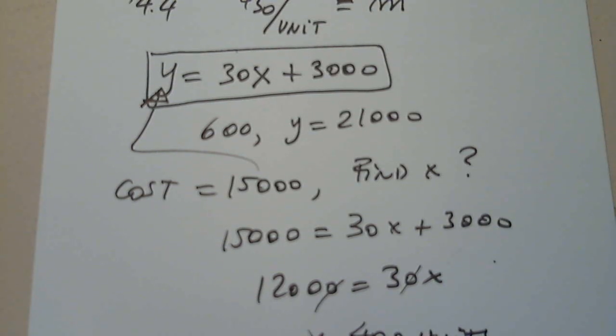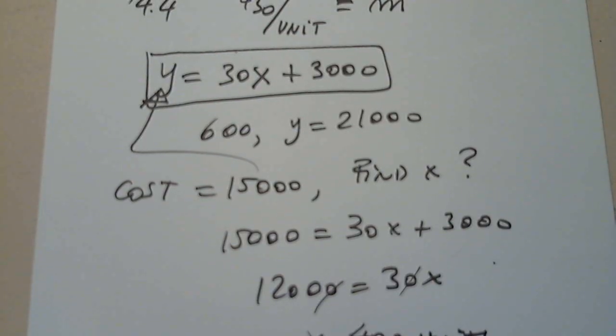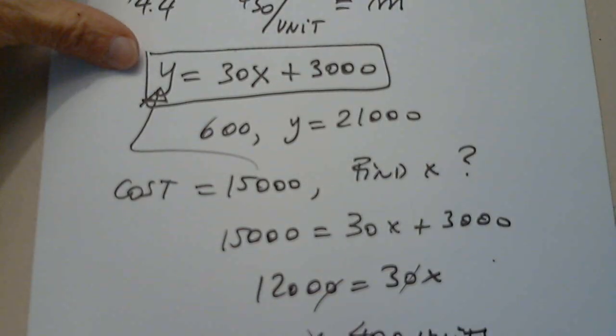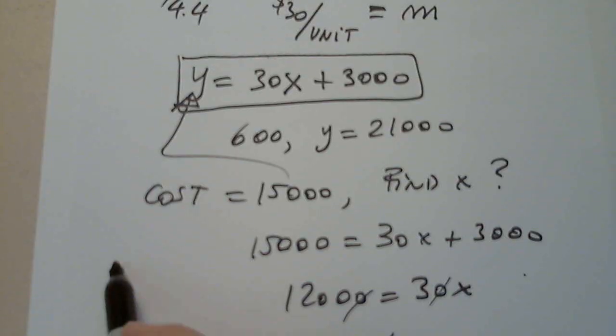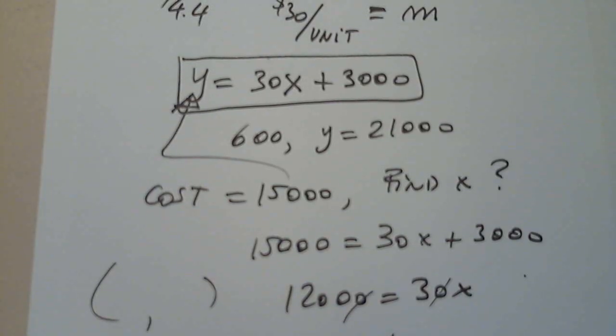And now they want us to, so here we have 400. And finally, they are asking us to graph this equation. Okay, I don't care about their graphs. I'm going to do my own graph with the points I have. Can anyone give us the points we have? I claim we have 2 ordered pairs.